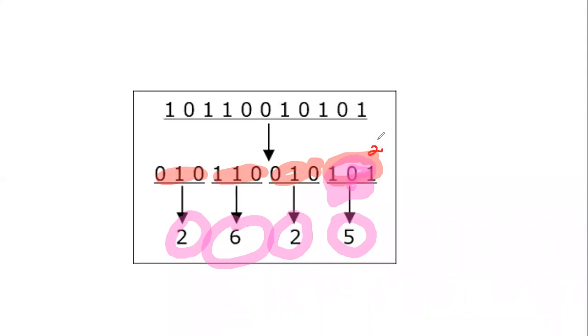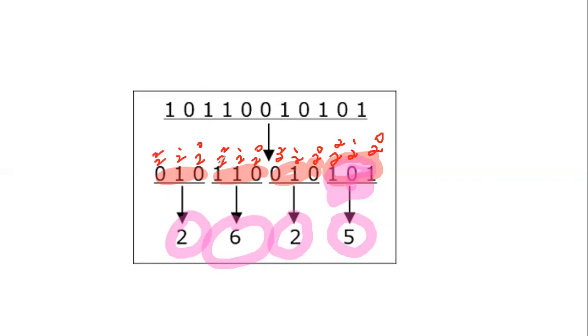Each group will have 2 raised to 0, 2 raised to 1, 2 raised to 2.